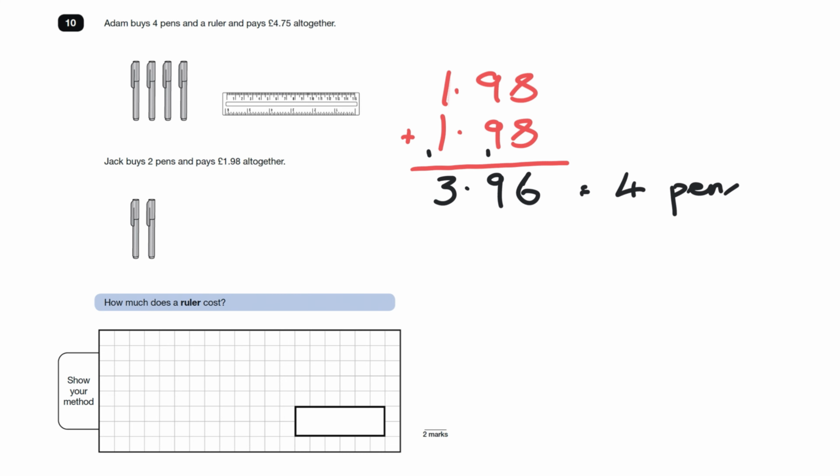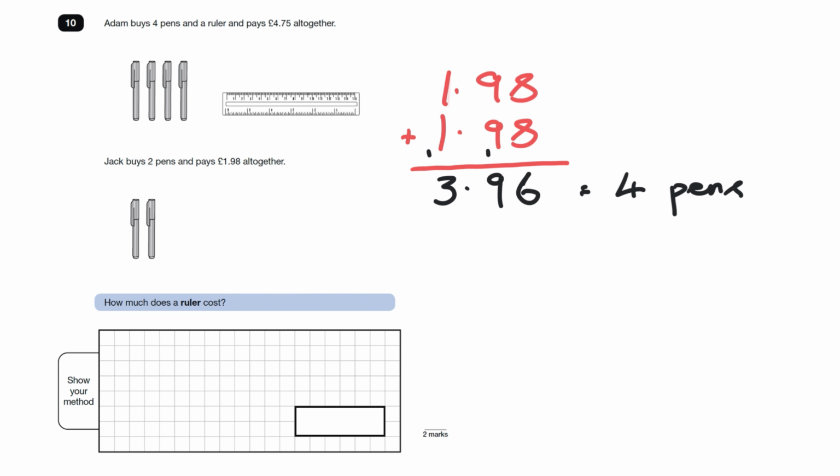So we know what the 4 pens cost here, and we know what the 4 pens plus the ruler costs is £4.75. So to work out the ruler, all we need to do is a subtraction. So we need to do £4.75, take away £3.96. Now again, most of you will be able to see that in your head and just add on 4 pence to get to £4 and add that on to 75. So we should end up with 79 pence, but let's just do it to prove it anyway.